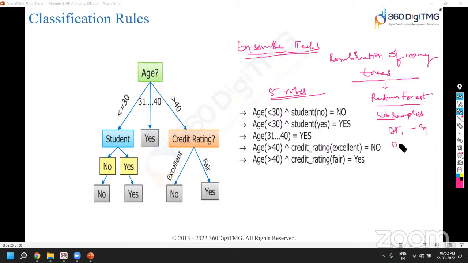Decision tree 1 on sample 1, decision tree 2 on sample 2, decision tree 3 on sample 3, and so on and so forth. Each of these decision trees will be trained on this subsample data, and then new data will be passed to the algorithms so that they can do the prediction. Each model is now going to do the prediction.